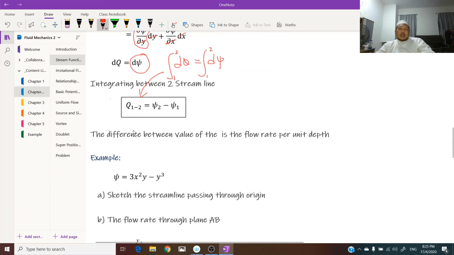This is how we calculate the flow rate between two streamlines. All right, the difference between the values of this is what we call the flow rate per unit depth.